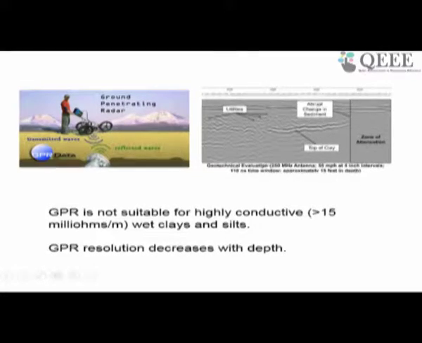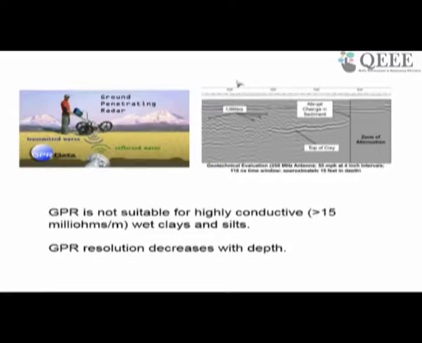We will get signals like this, which is how a typical signal will look. If you have some clay or some utility like a pipeline, sewage line, or electrical lines, we will get different signals at those particular zones and they can be characterized. Even if you have a change in the strata, that will be reflected in the signals, which will be analyzed to find out where exactly those interfaces are.